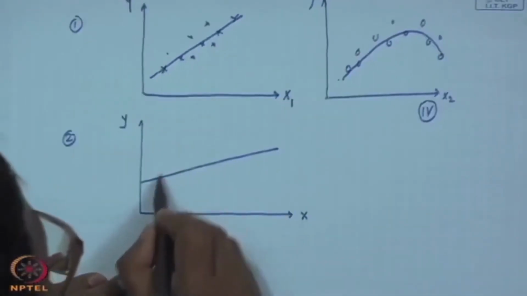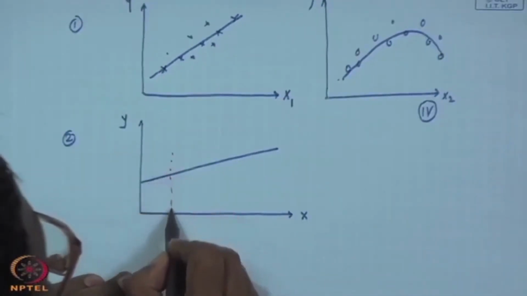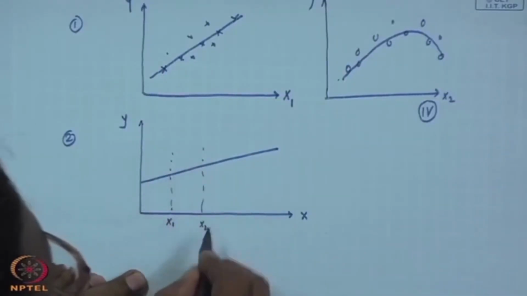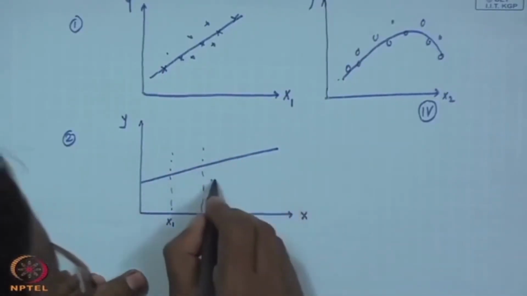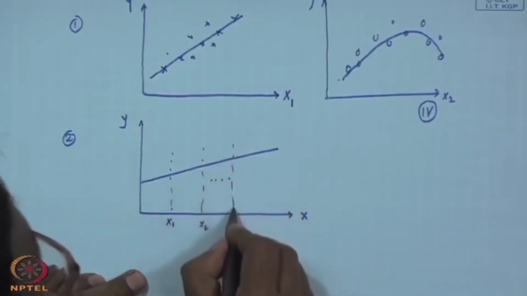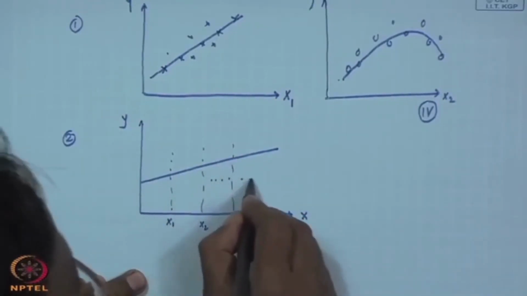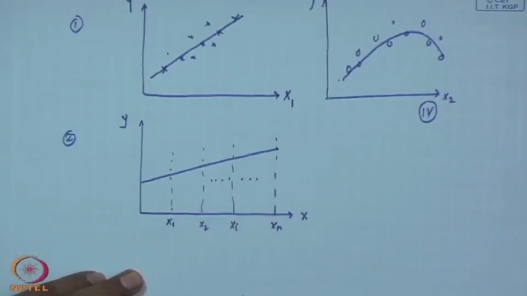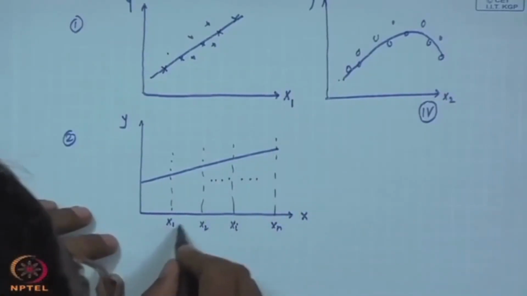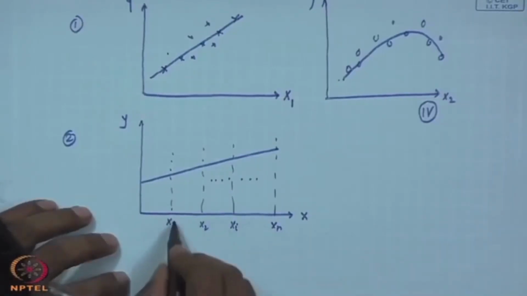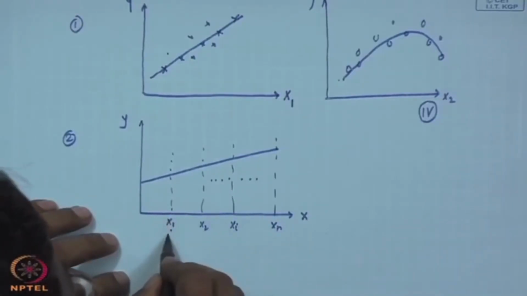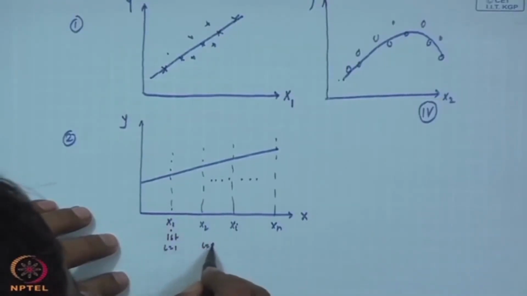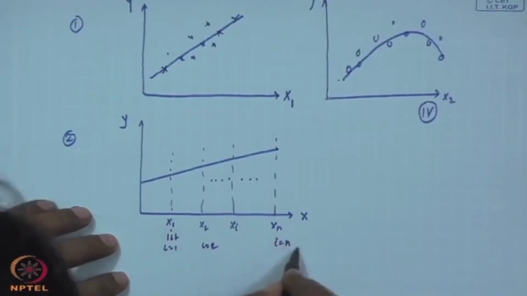So you have collected n data points, suppose this is x1, this one is x2, and then this one is xi. Similarly the last one, let it be xn. This is the first observation, i equal to 1, this is i equal to 2, like this i equal to n.